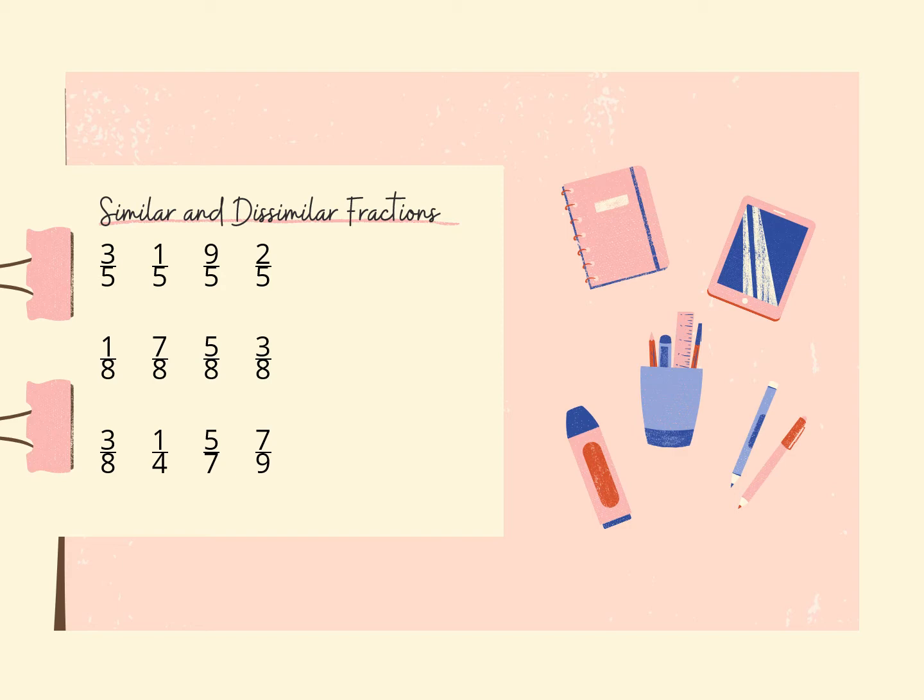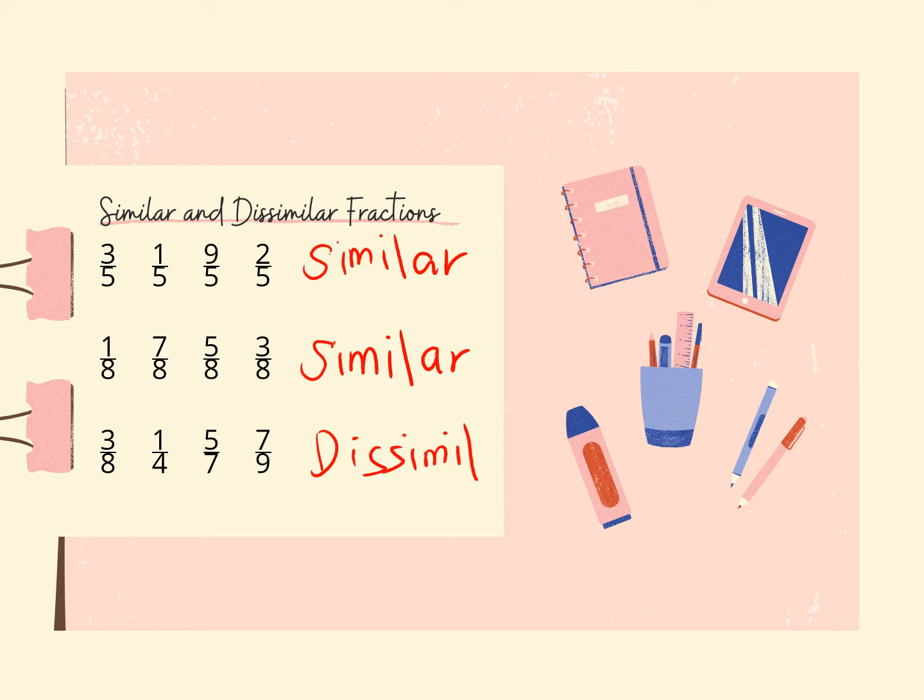For the first set, obviously these are similar because they have a common denominator, as well as the second set, so they are also similar. And for the last set, these are dissimilar fractions, since they don't have a common denominator.